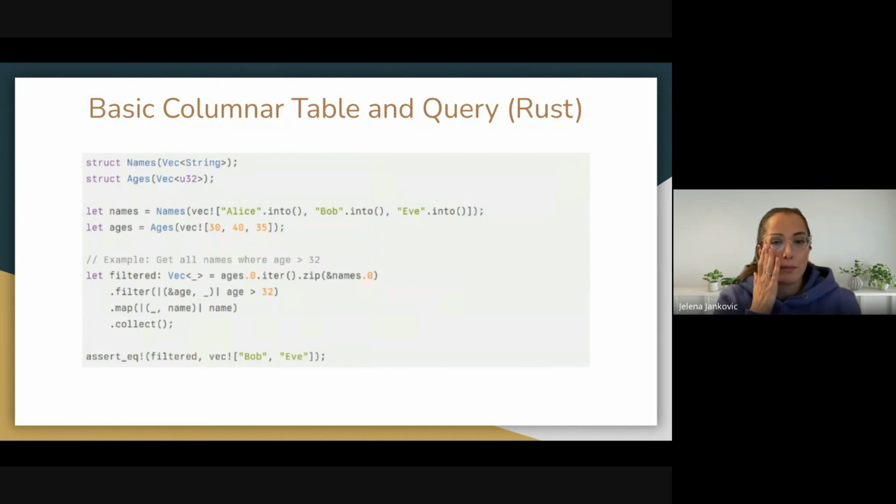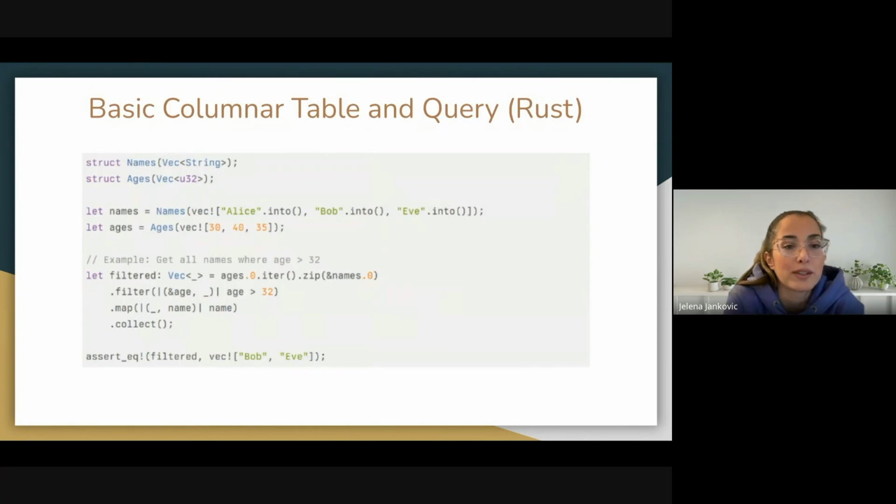Here is a simple demonstration of a query over columnar data, again with the Rust iterator pattern. We can see that we have two structs, names and ages, and then a collection of names and a collection of ages.